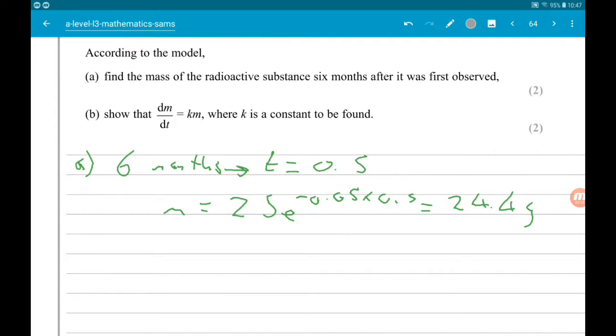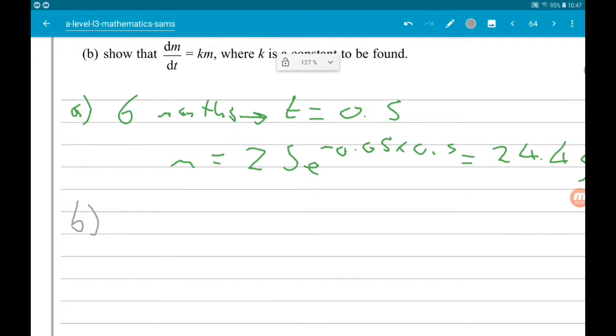So if m then is 25 e to the minus 0.05 t, and then when we differentiate, we just differentiate the power, and then that comes down the front, and then the e term stays the same.